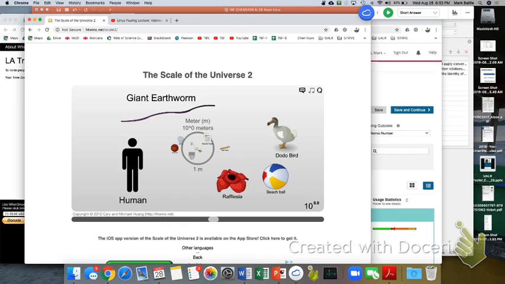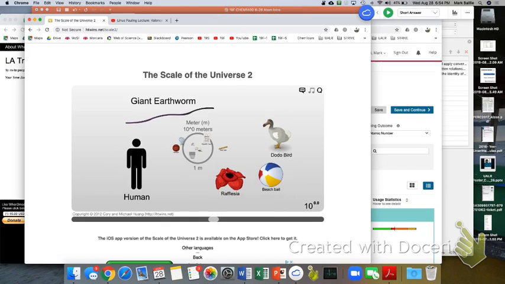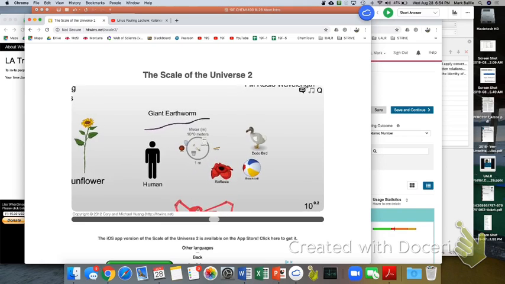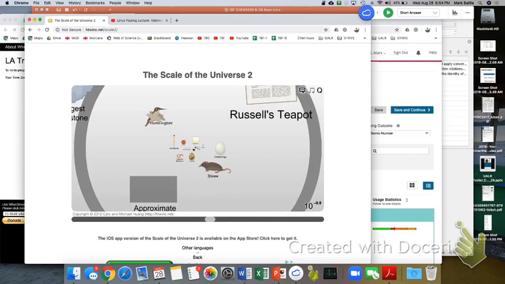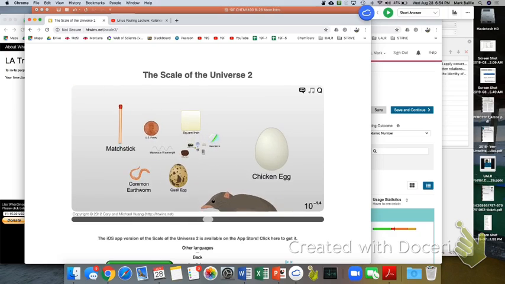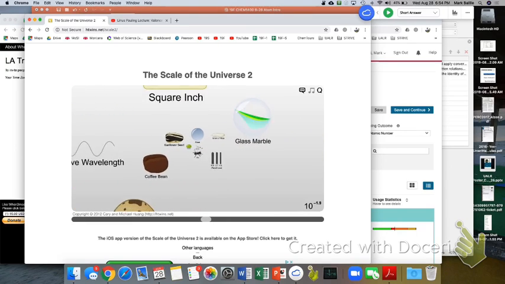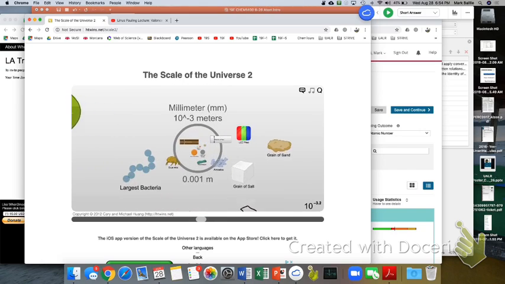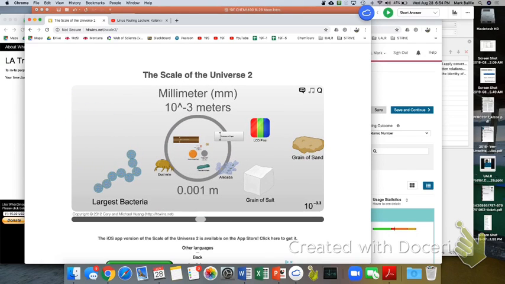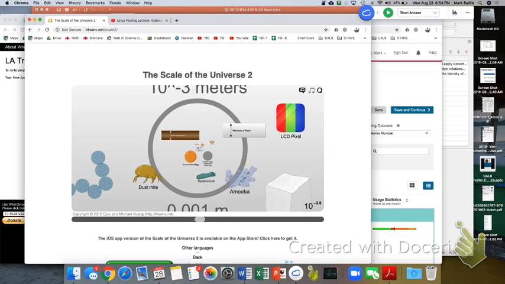And we're going to kind of zoom in and try to think about where it is that we're going to be focusing in this class. Whoa, wrong way. So each one of these circles is another order of magnitude or smaller. So here's millimeters, right? Decimeters, LCD pixels.